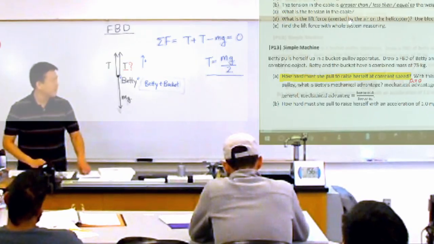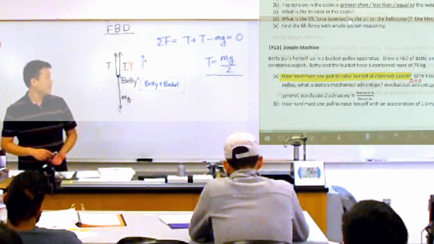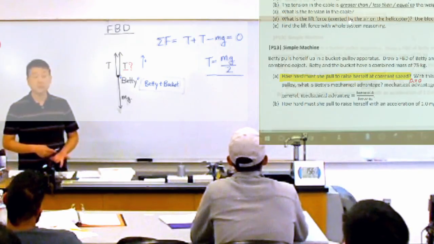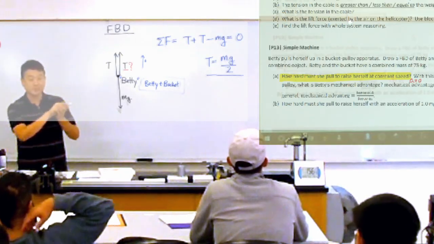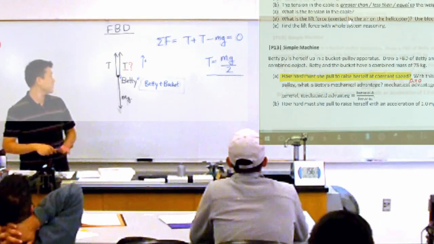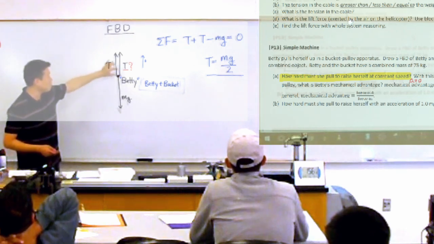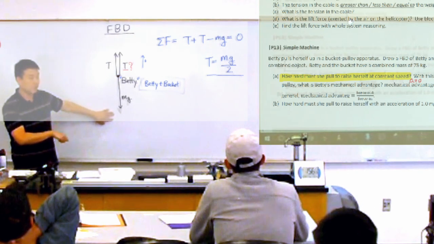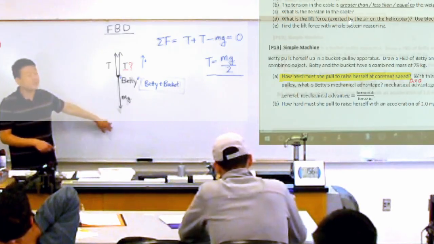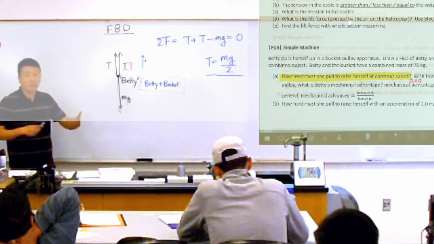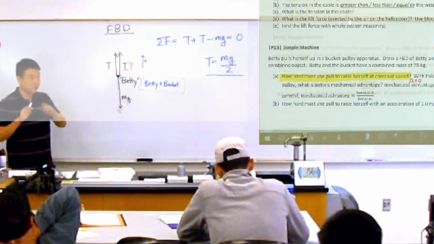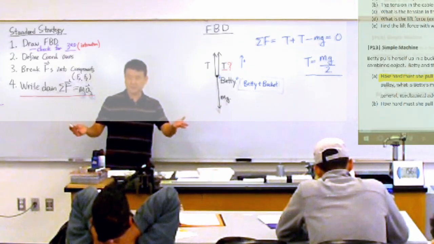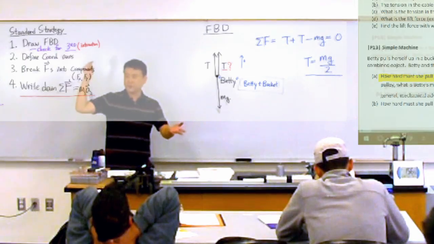This is, by the way, an example of what's called a simple machine. That's the title, simple machine. What the simple machine does is let her support her entire weight using only half the force. A simple machine is an arrangement that multiplies how much force you're applying. Anybody here have seen other simple machines in life?